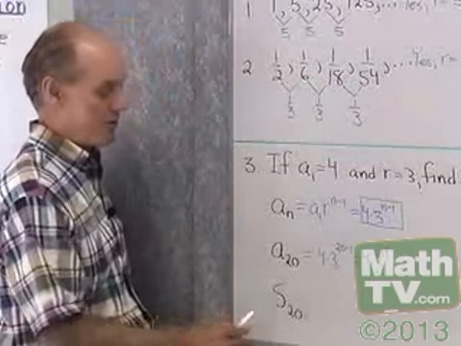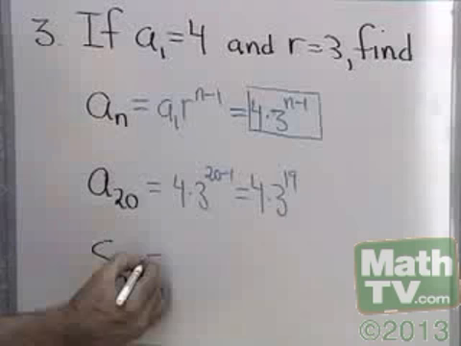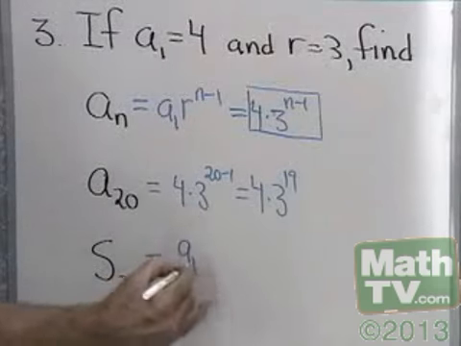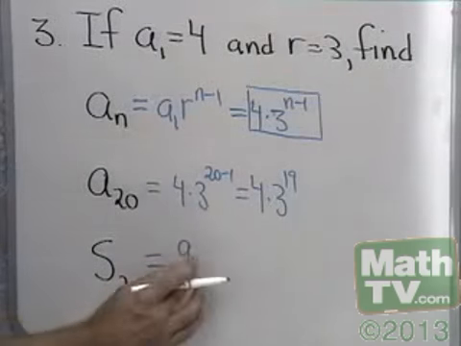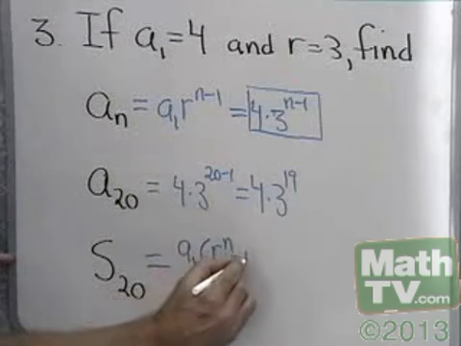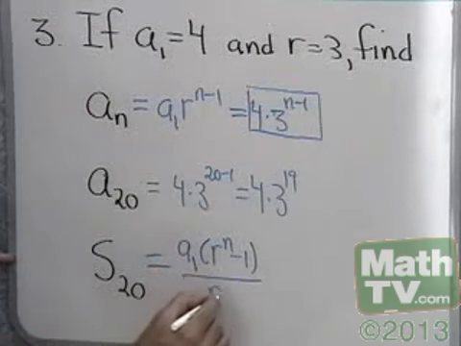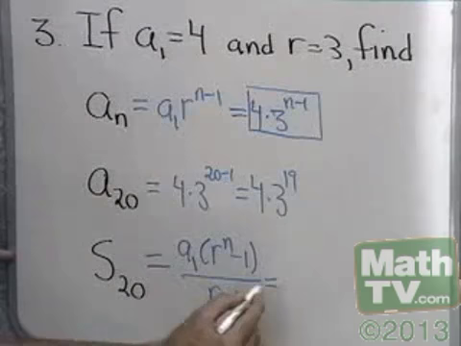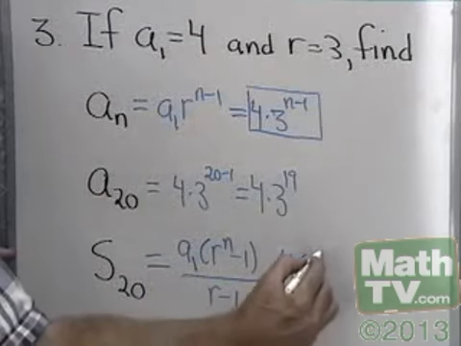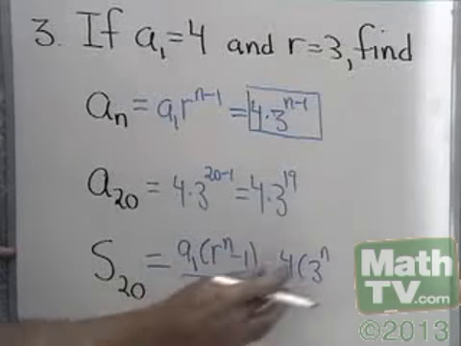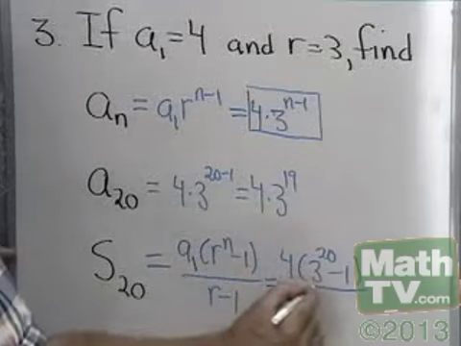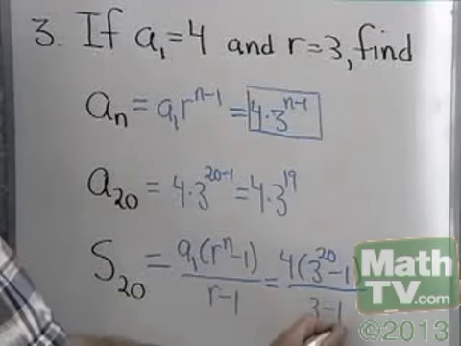Now, how about the sum of the first 20 terms of this progression? It will be equal to the first term, a sub 1, times r to the n minus 1 divided by r minus 1. So I'll just substitute in a sub 1 is equal to 4, r is equal to 3 to the nth power, and n is 20 in this case, so 3 to the 20th minus 1, all divided by r minus 1.